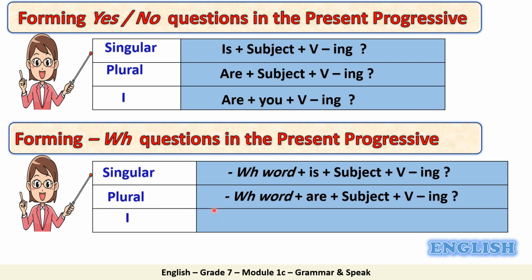For plural, we use the WH word followed by are, and are is followed by the subject, and again, the subject is followed by the ing form of the verb. For I, we use the WH word followed by are, and are is followed by you, and again, you is followed by the ing form of the verb. Don't forget to write the question mark at the end of each question.